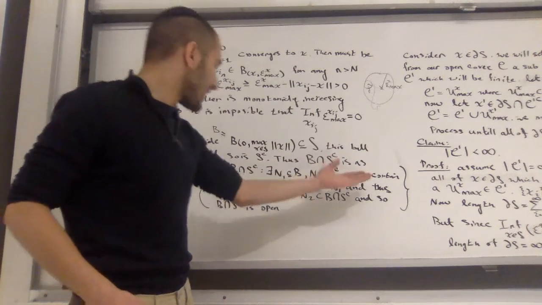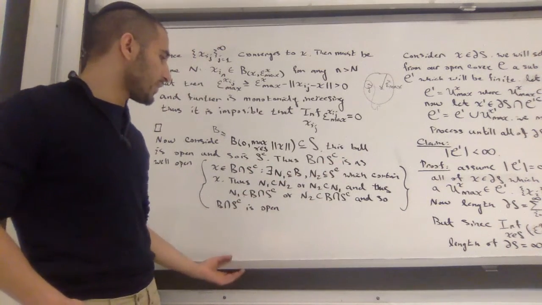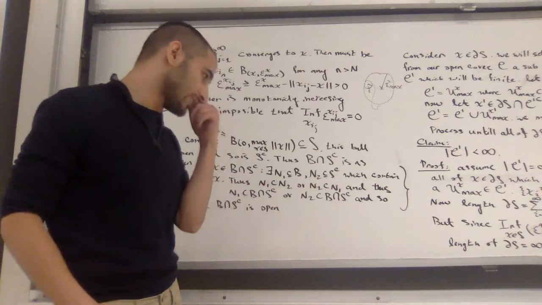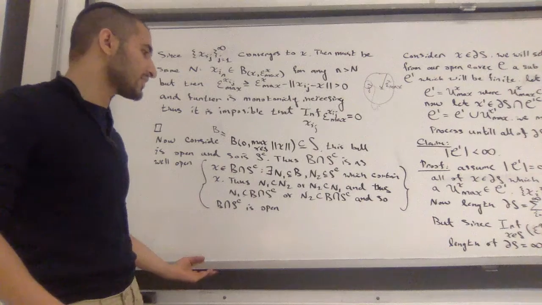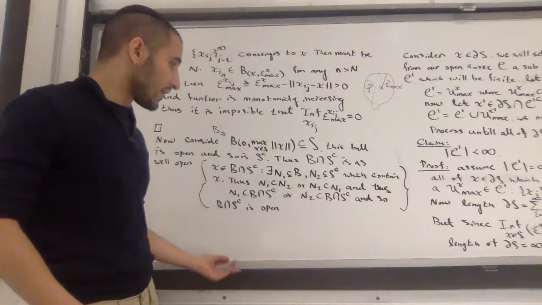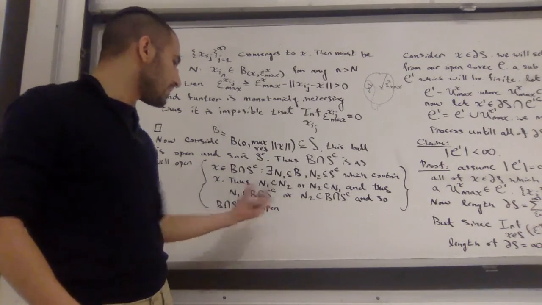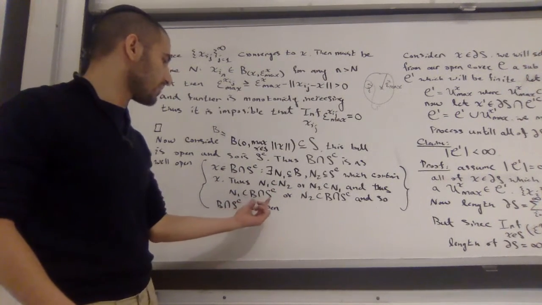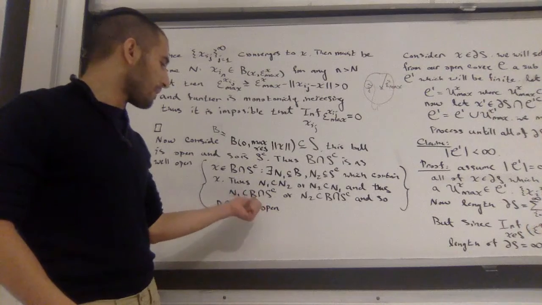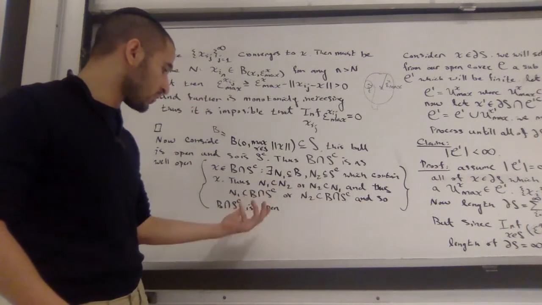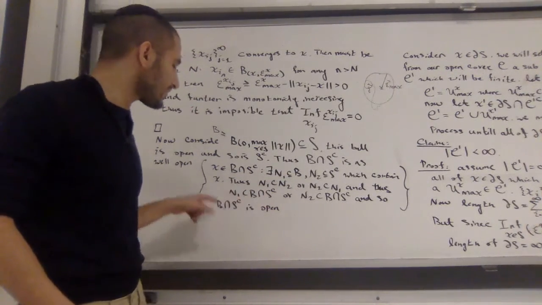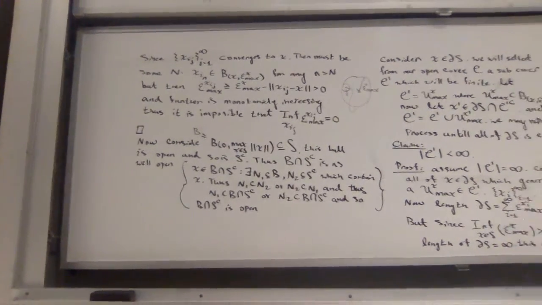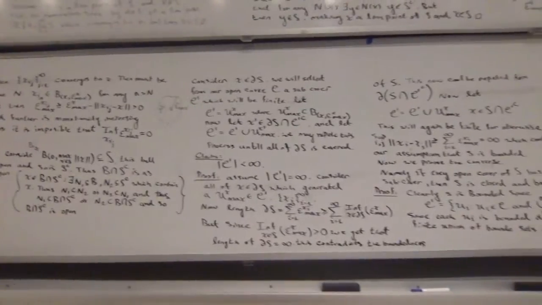But that means that if you take the minimum between n1 and n2, in other words, either n1 contains n2 or n2 contains n1, since both contain x and both are balls, then you take the minimum such ball, and that minimum is a subset of B intersection S complement. So for any x in B intersection S complement, there's a neighborhood which contains x and which is entirely a subset of B intersection S complement.